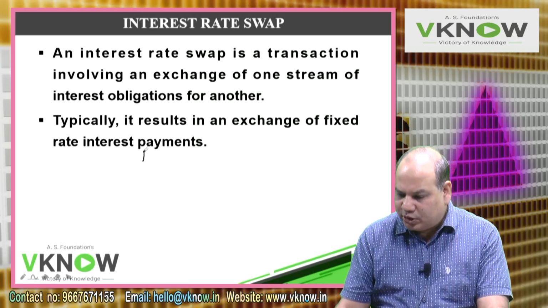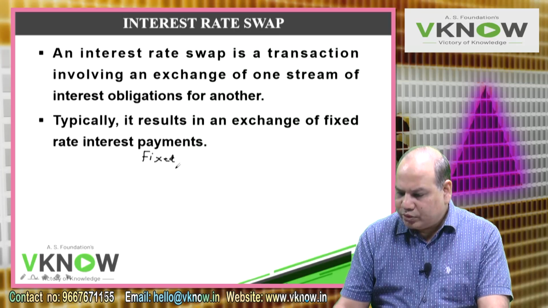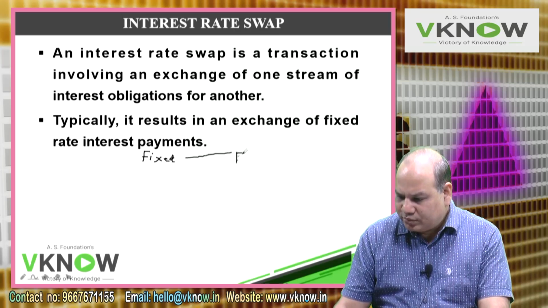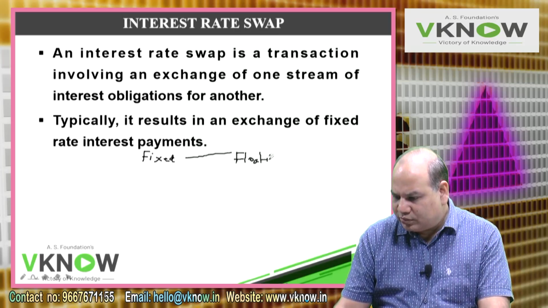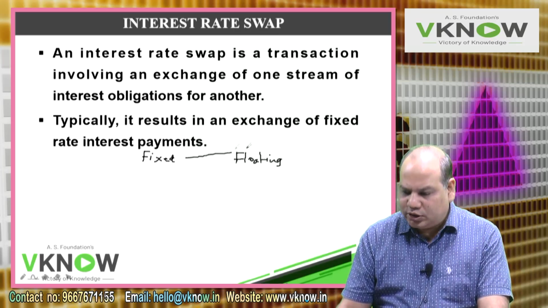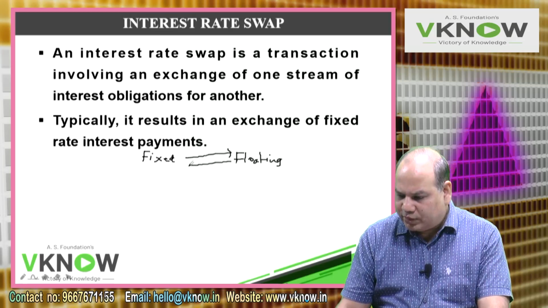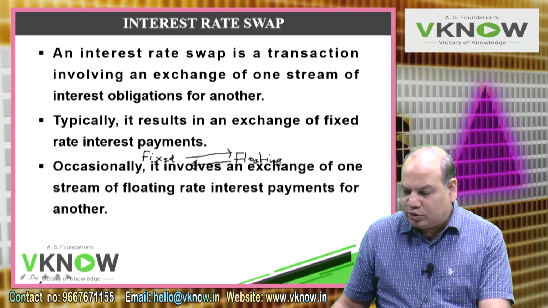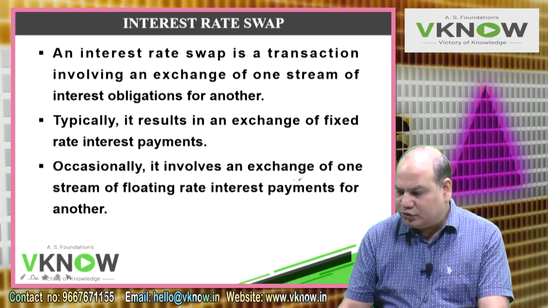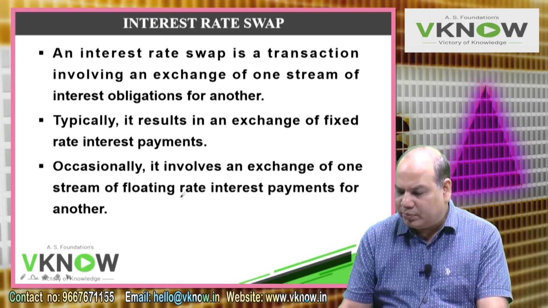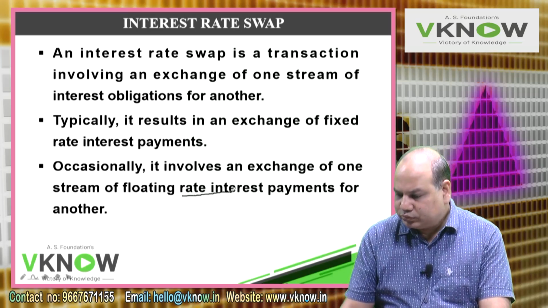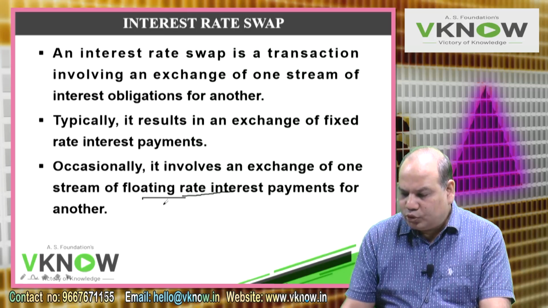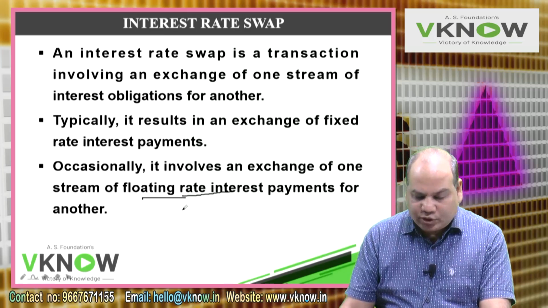So most probably in most of the questions, one party will swap fixed rate obligation against floating rate obligation. But can it be floating to floating also? Yes, sometimes. Occasionally it involves an exchange of one stream of floating rate payment for the other. So this is called floating to floating, which is also possible.